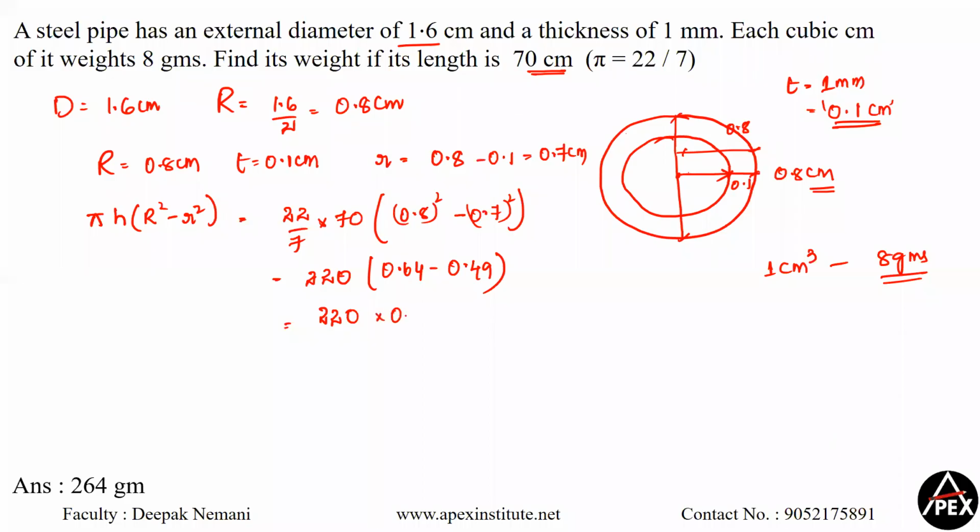So this will be 33. This will be the volume of the pipe, 33 centimeter cube. Now we are given that 1 centimeter cube weighs 8 grams. So what will be the weight of 33 centimeter cube? So 33 into 8, it should be 264 grams, isn't it? So the answer should be 264.